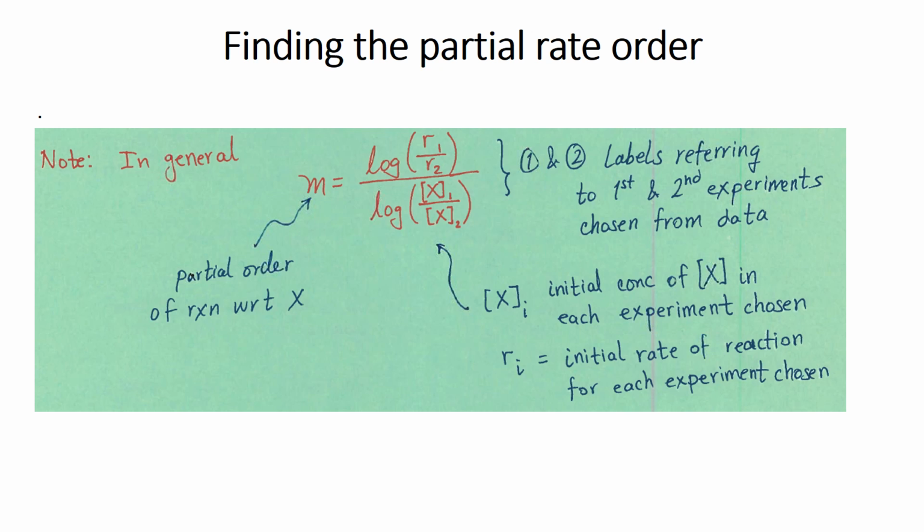It's not always experiments 1 and 2. X is the actual species whose concentration we're looking at, and again, it's the initial concentration of that species in each of the experiments that we chose.